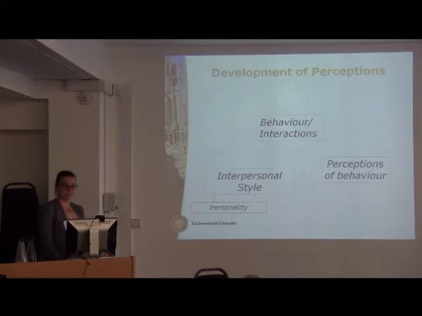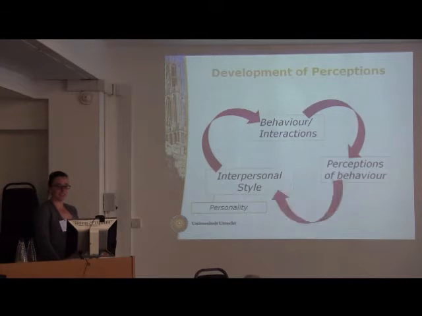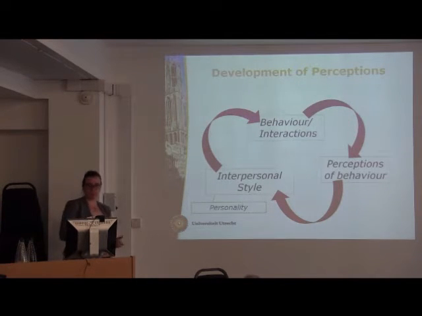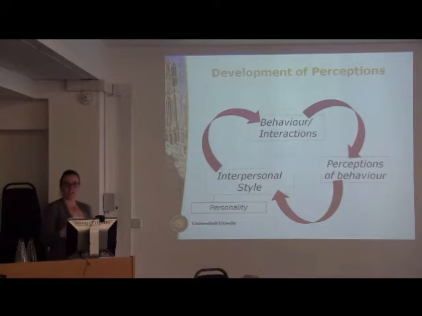But this is a circular process. When you're interacting with someone, it's not only your own interpersonal style that is related to how the interactions go, but also the interpersonal style of the other person and your own perceptions of them that will adjust how you behave and react to someone. So it's a sort of circular process that's happening in classrooms as well.